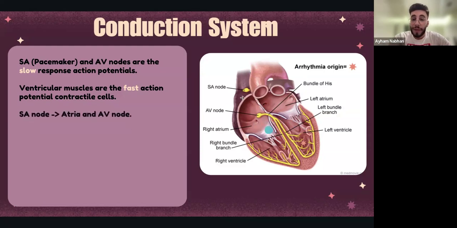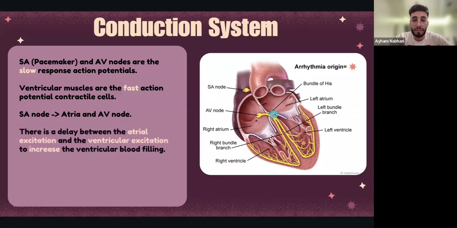So as we said, the electrical signal spreads from the SA node to the AV node, and then to the bundle of His, the left and right bundle branches, then to the ventricles. But here, I want to highlight a small piece of information about the conduction and excitation of the heart.